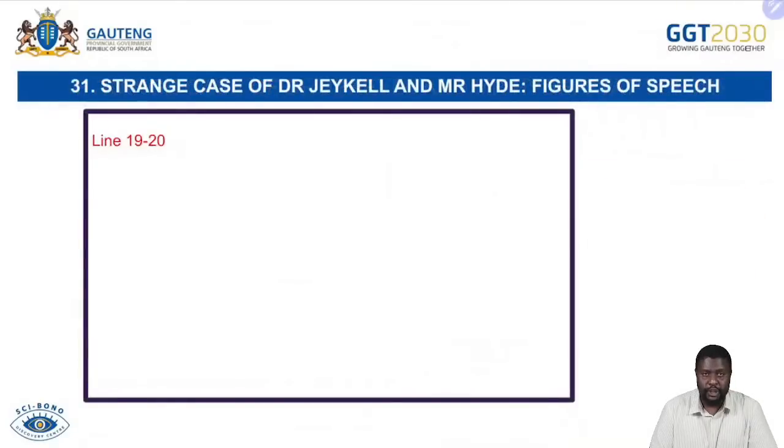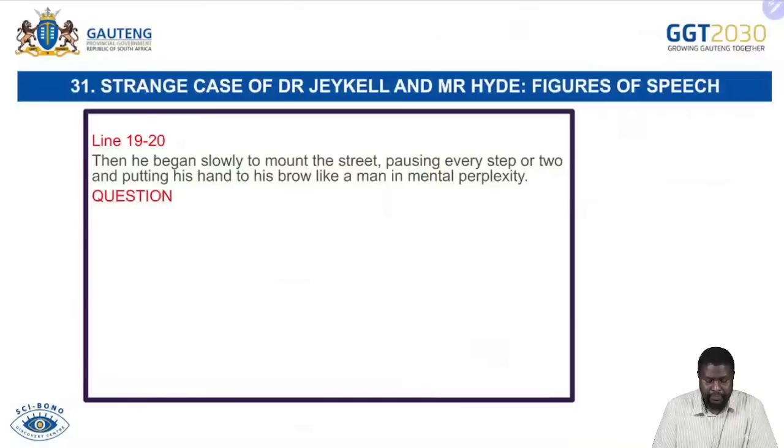The figure of speech. Remember we spoke about the figure of speech questions? They're going to be there tomorrow. Then he began slowly to mount the street, pausing every step or two and putting his hand to his brow like a man in mental perplexity. Question.